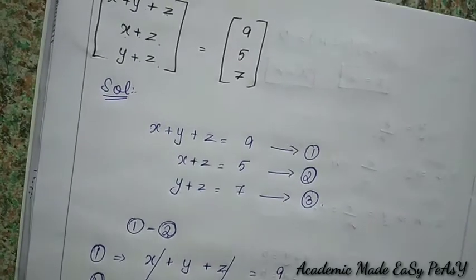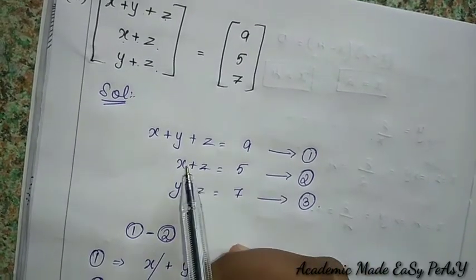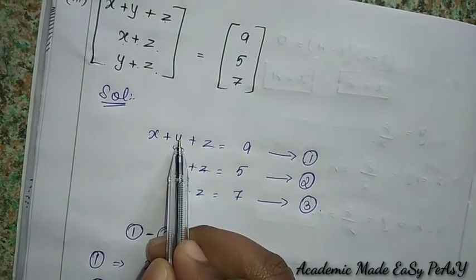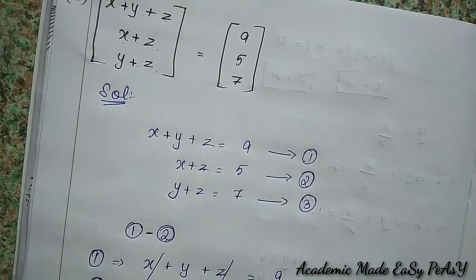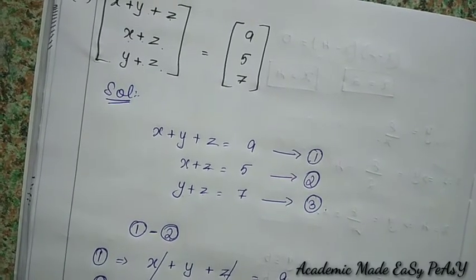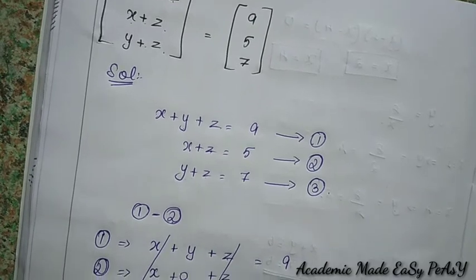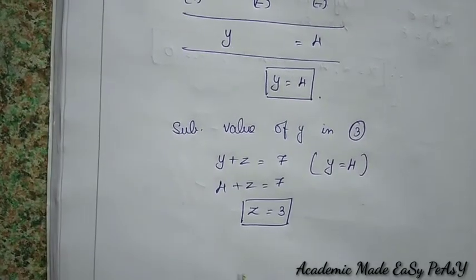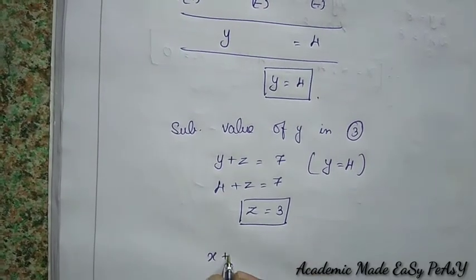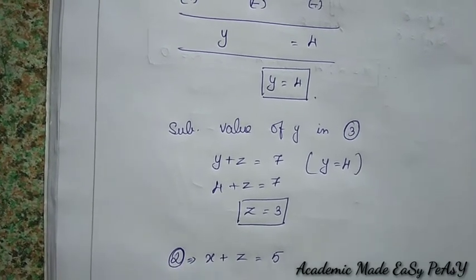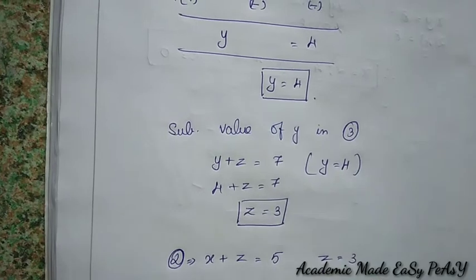In equation 2, I have z and x alone, or else in equation 1 also you can substitute the values of y and z. So in equation 2 itself, let me substitute, because only one variable remains, so that will be easy for me. So x plus z is equal to 5. This is equation 2, and my z value is 3.